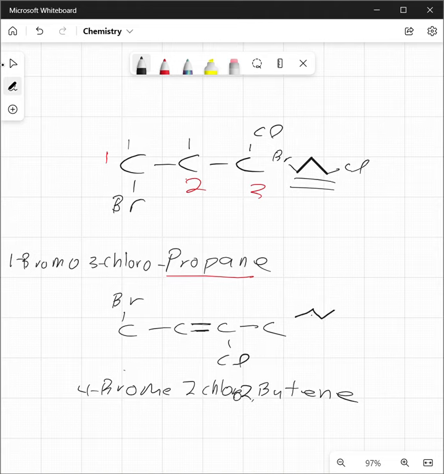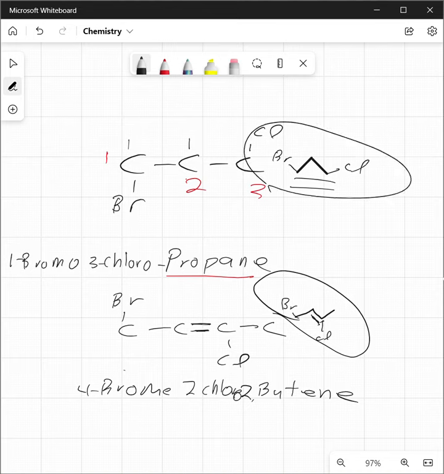With a double bond between carbon 2 and carbon 3, with that chlorine right there, and with that bromine right there. I see it. Because if you're on a test, you might see something like that and need to know how to name it, or be asked to draw 1-bromo-3-chloropropane in skeleton form, then you would draw that right there. Yeah, that makes sense.